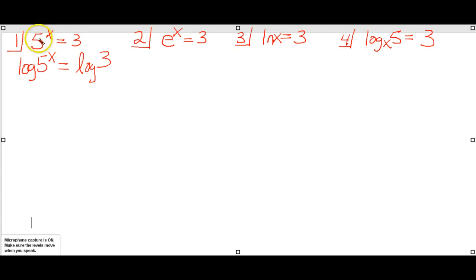So we've just converted it from its exponential form into a logarithmic form. But now we have this exponent. Well, we saw from an earlier lesson we can take this exponent and put it out in front here.